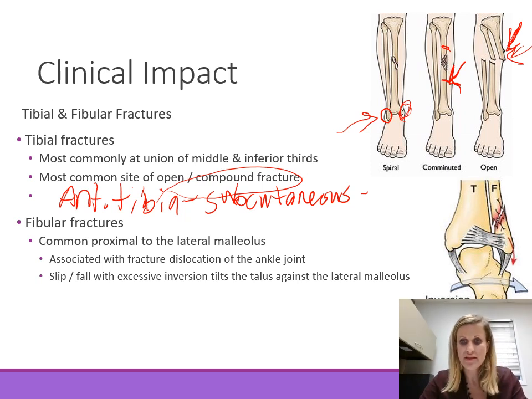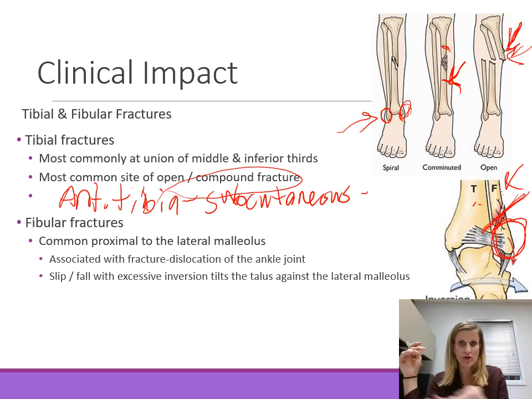And you can see that in this picture on the bottom here. So the tibia is the larger medial bone, the fibula is the smaller lateral bone. The bulge at the very bottom of it is the lateral malleolus. So here you see that it's been fractured just proximal to that, just above that. So it literally shears off or breaks off that lateral malleolus.